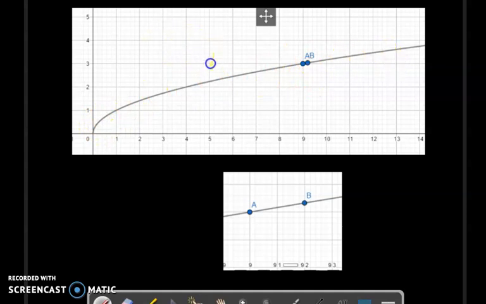Below is the enlarged version, and you can see that the line AB is a straight line. That means the function is linearized over a small period.